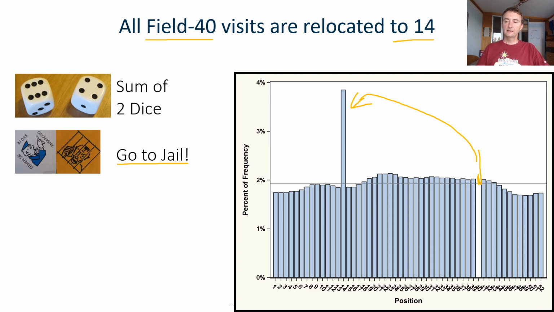This means that here we end up with a visit frequency of 0 because you're relocated from there, and the visit frequency on field number 14 almost doubles because it achieves much more visits, because also the visits from field number 40 end up here.